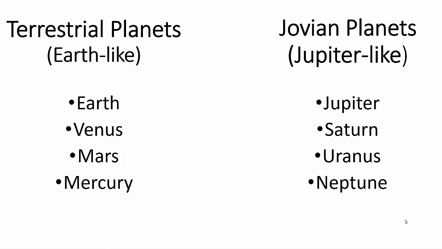And then Earth, Venus, Mars, and Mercury. And then the Jovian planets, which is an adjective that means Jupiter-like. So Jupiter, Saturn, Uranus, and Neptune. So those are the 2 major planetary groups. And then everything else in the solar system falls into different categories that we'll look at in another video.